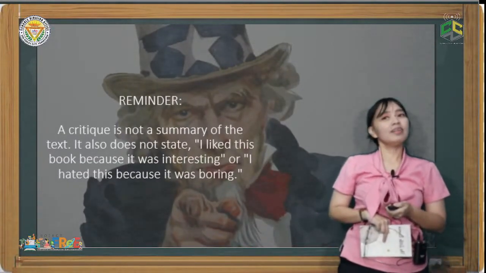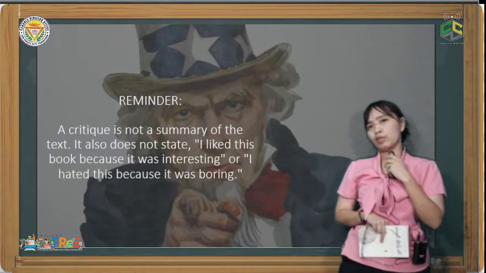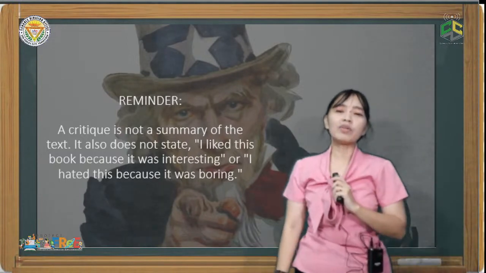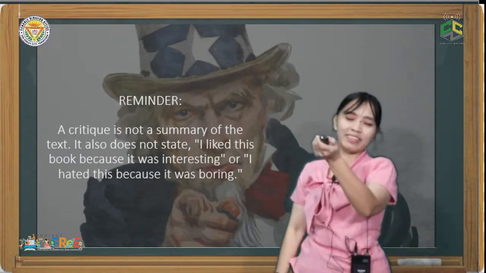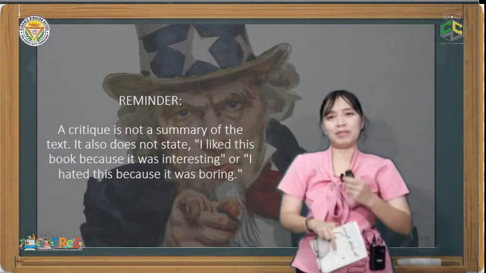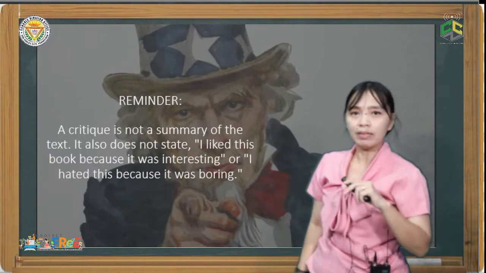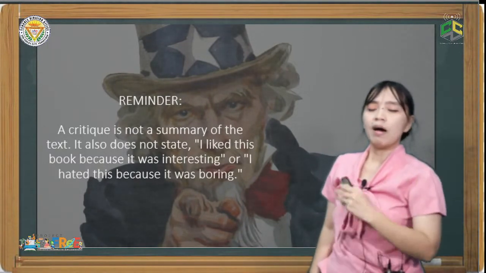And of course, as we come up with all of those ideas on how you're going to come up with the structure of the critique paper, I'd like to give you a little reminder right here. A critique is not a summary of the text.